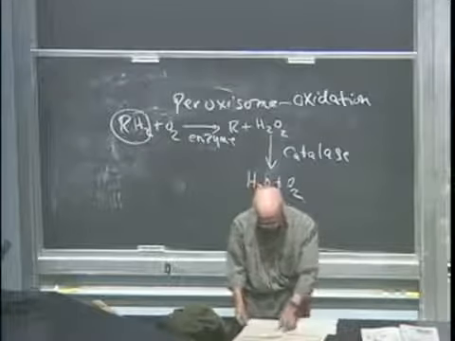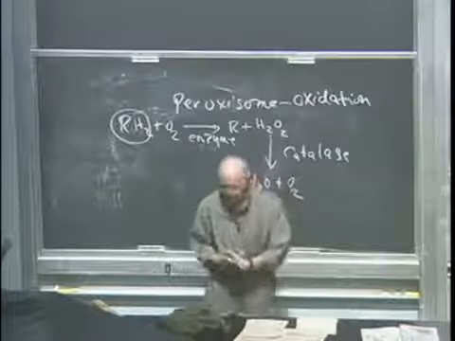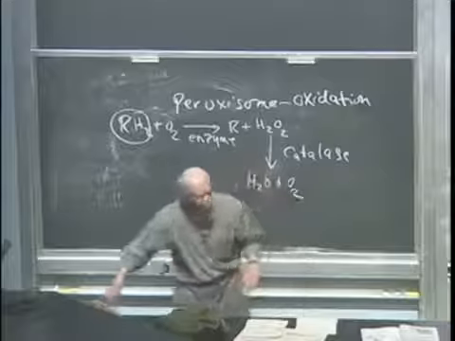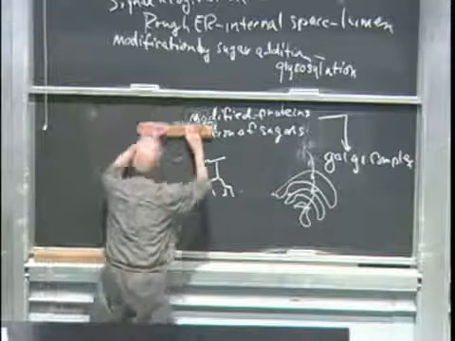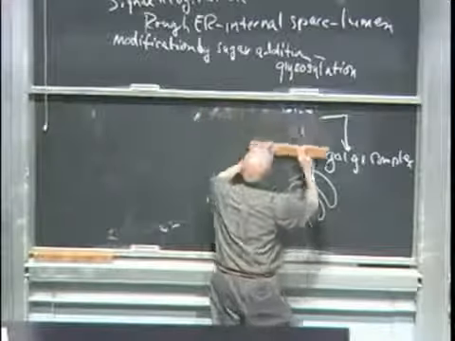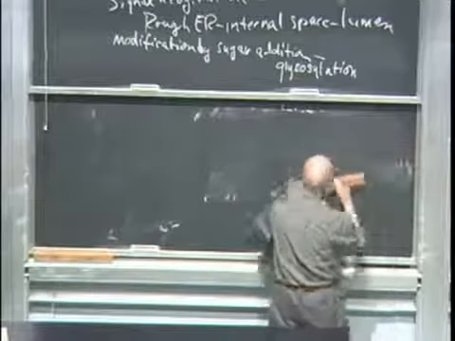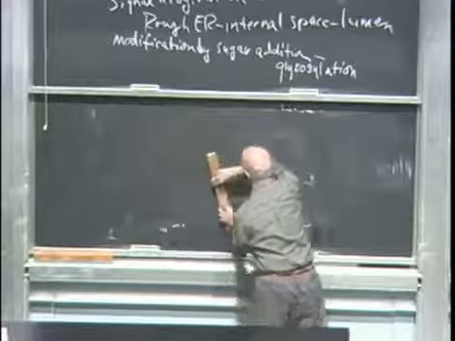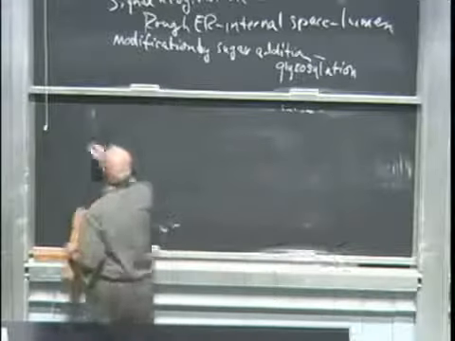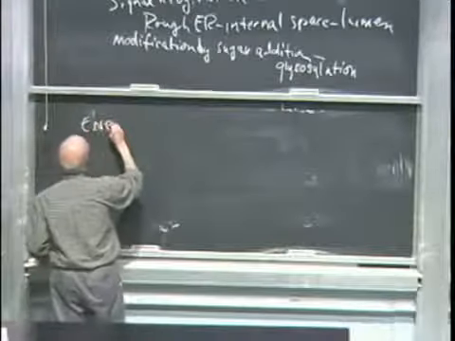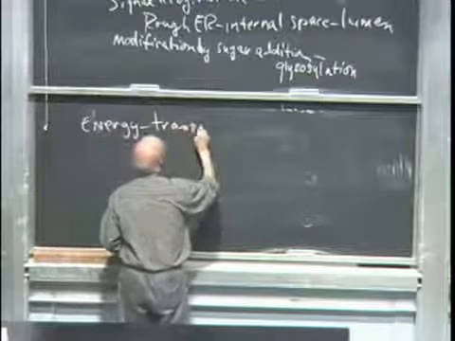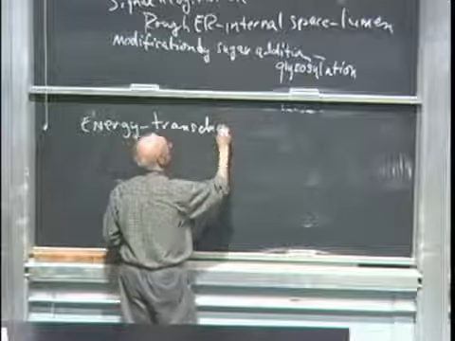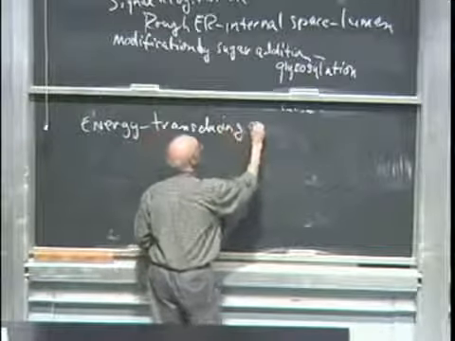In the remaining time, I want to talk about two other organelles that we will come back to and spend a great deal of time talking about, because they're very important. There are two organelles which we call energy transducing organelles.